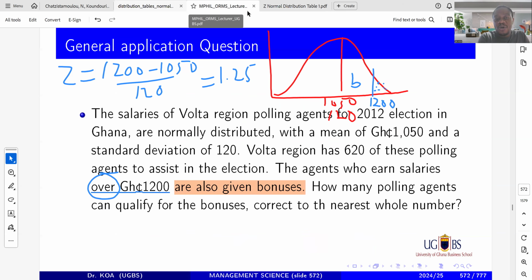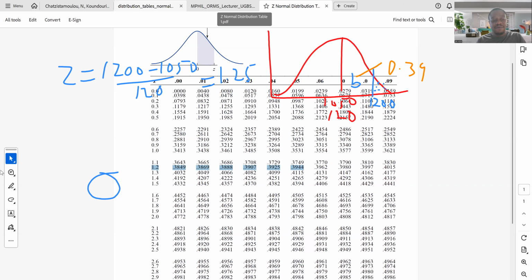So the value you're going to get for this B is going to be 0.3944. Good.